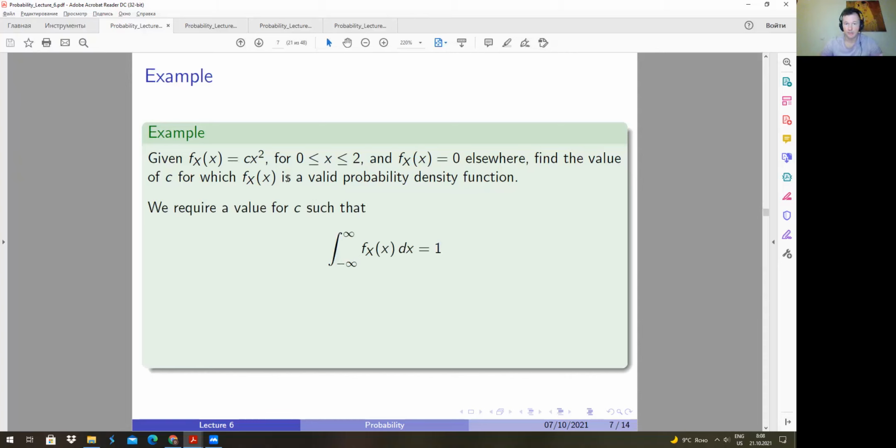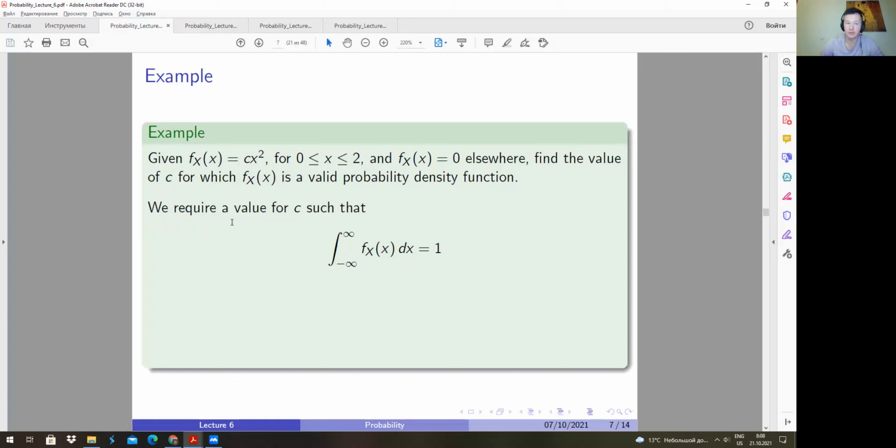So we went through some examples. We started with an example where we have an unknown probability density function with an unknown coefficient, and we needed to calculate this coefficient in order to make this PDF a valid density function.